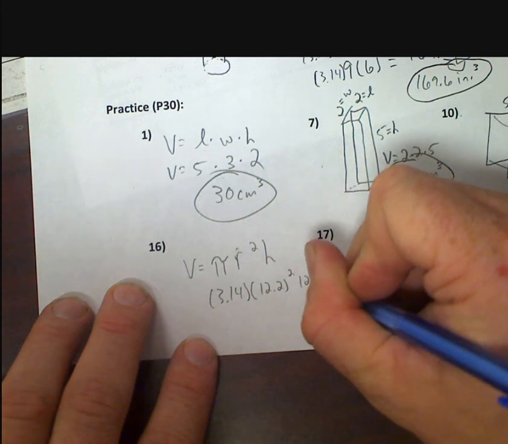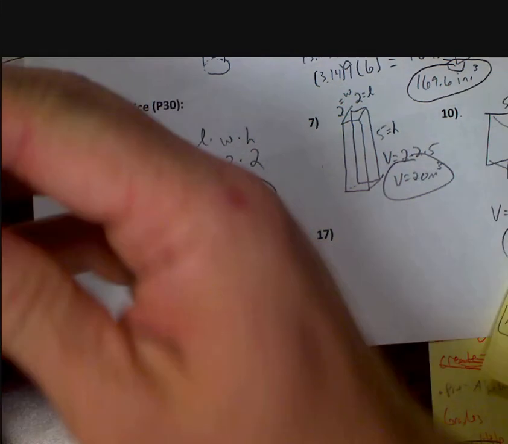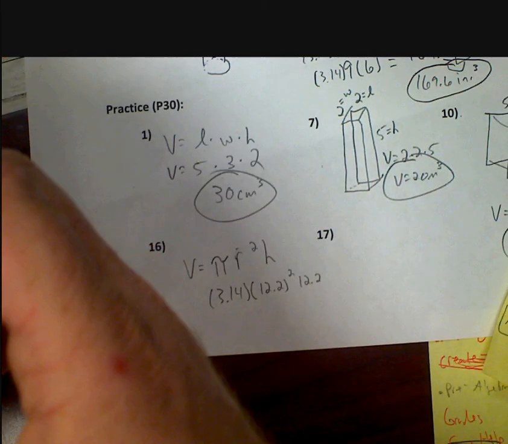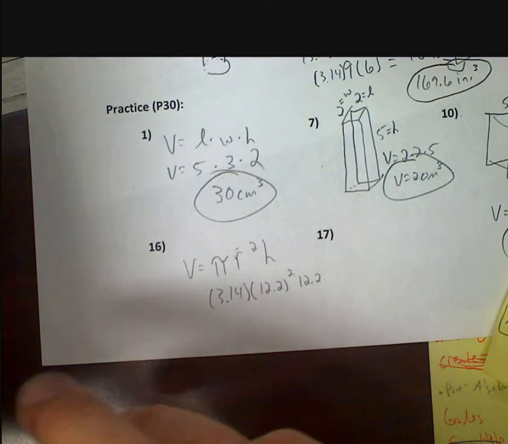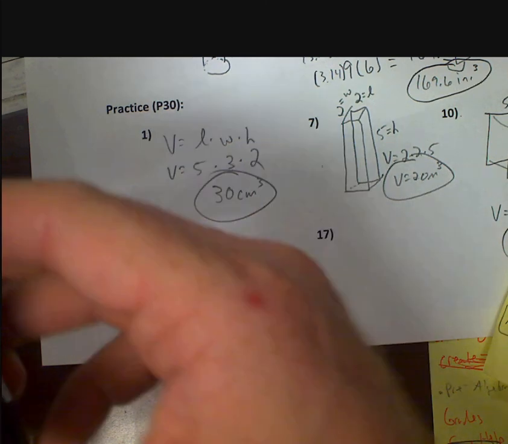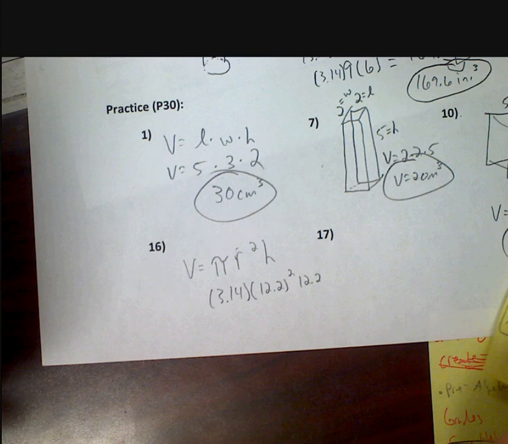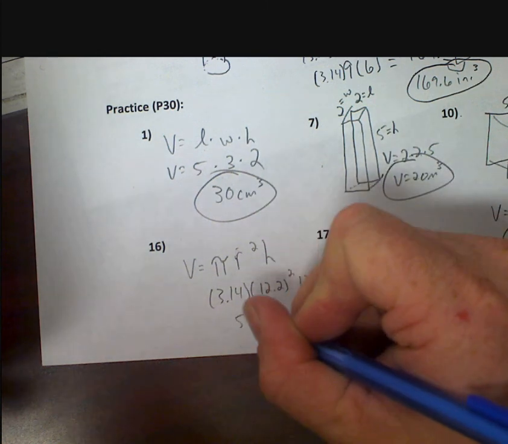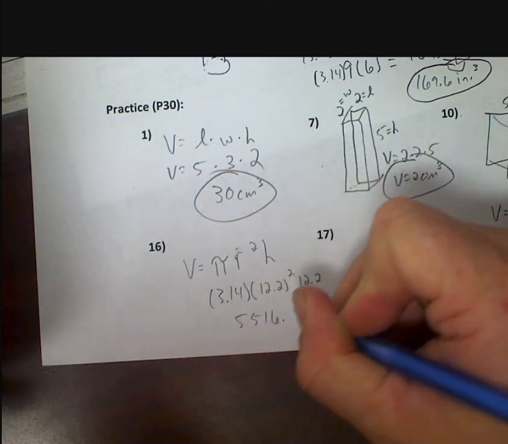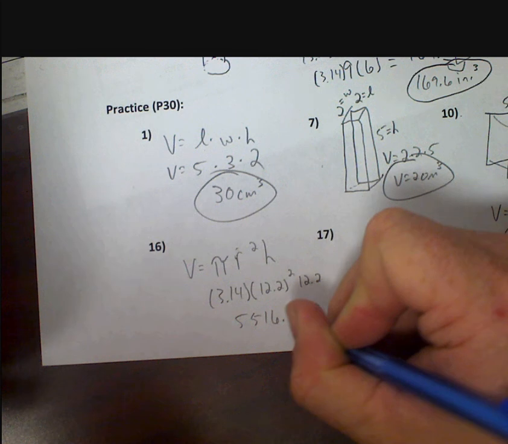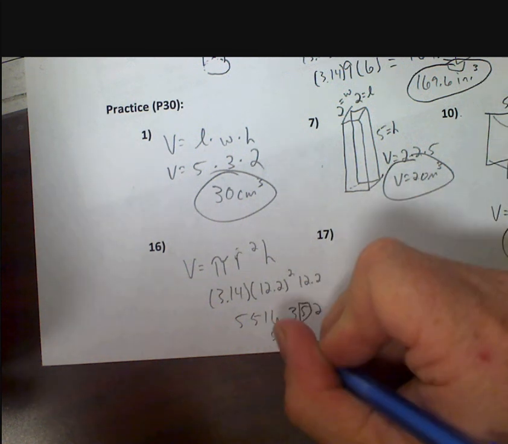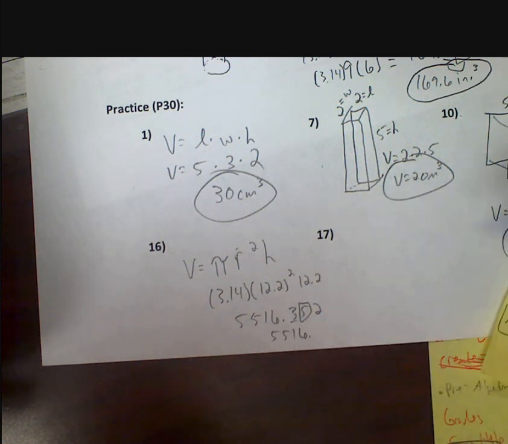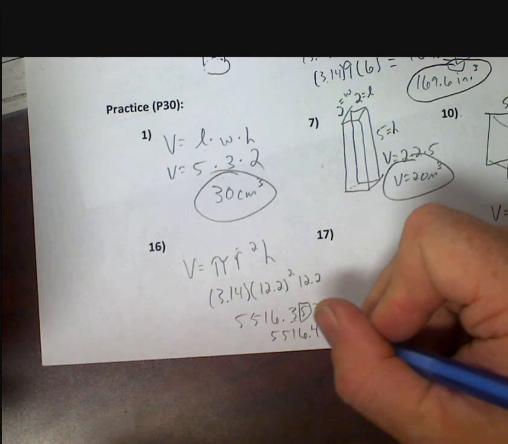So I need to square my 12.2 first. 12.2 squared times 3.14 times 12.2. I get 5,516.352. Round to the nearest tenth, 5516.4, and this is measured in centimeters cubed.